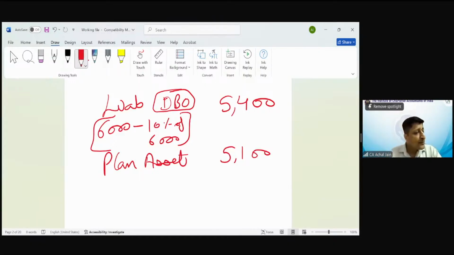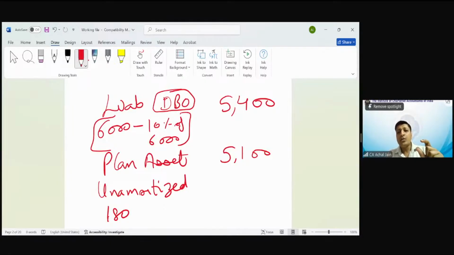Further, there is some unamortized portion also appearing on the asset side. This unamortized portion is 180. But out of this 180, similar to the liability, 10% is not adjustable anymore, so you'll reduce that 10%. That is 18, so this will be 162.